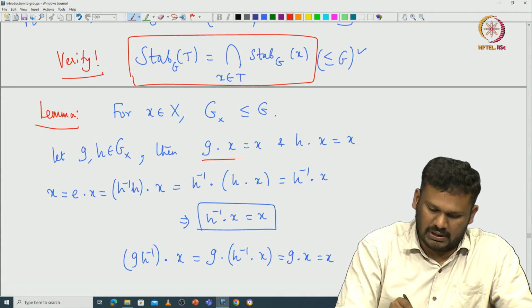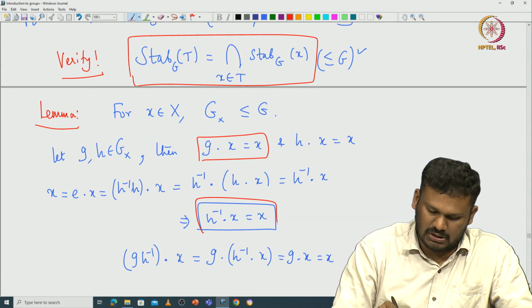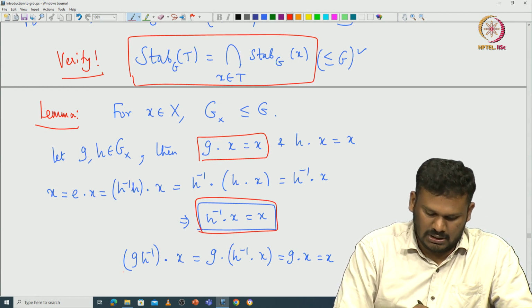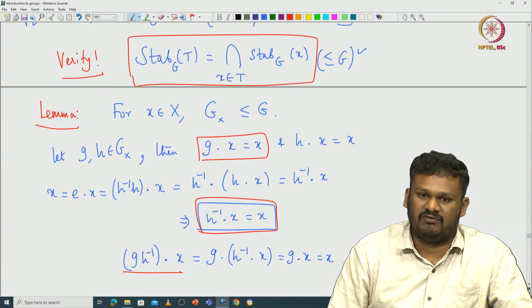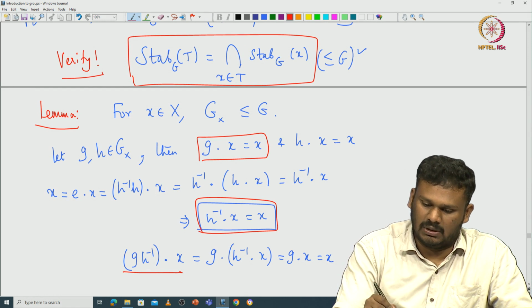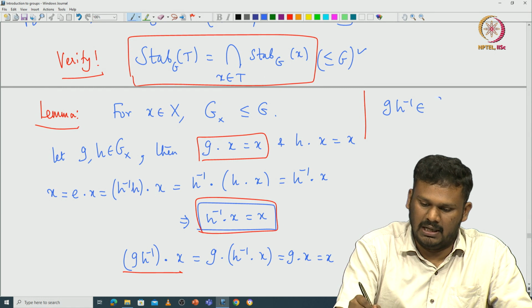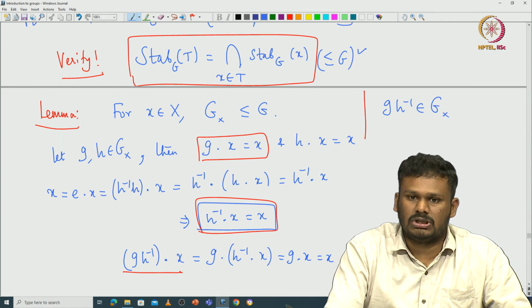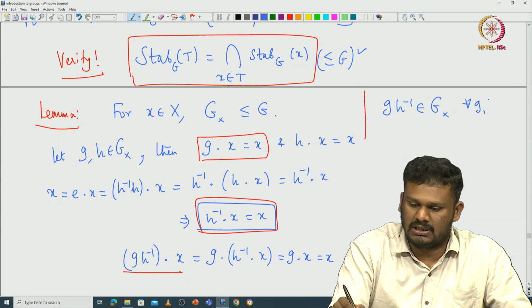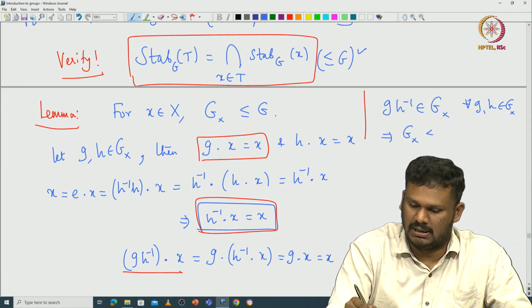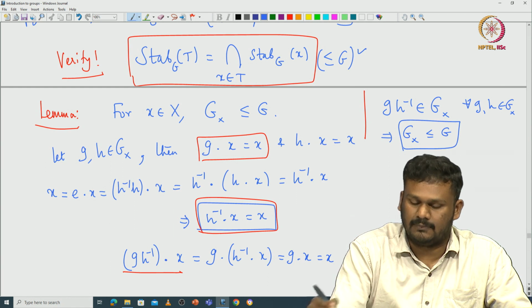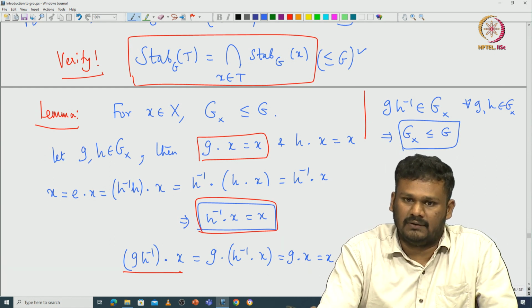So from g dot x equal to x and h inverse dot x equal to x, we get g h inverse applied on x fixes x. So that means g h inverse is an element of G_x, and this is true for all g, h in G_x. So that implies G_x is a subgroup of capital G. So this is what we wanted to verify.